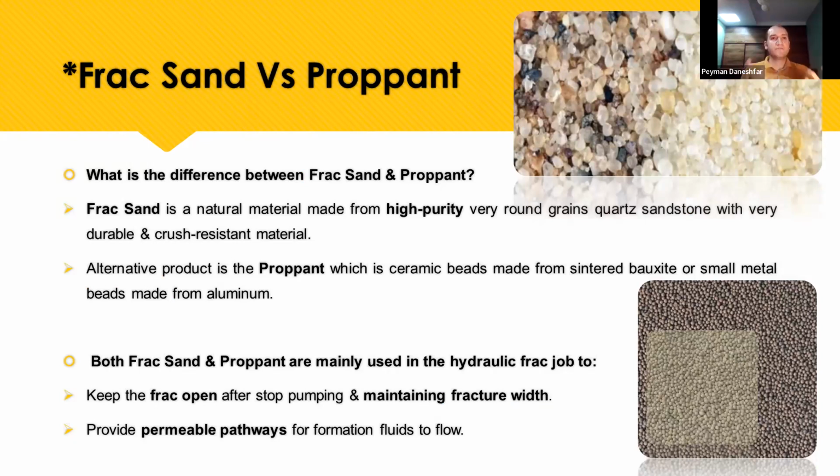Frac sand is a natural sandstone, siltstone, with a high purity, very round grain quartz sandstone, a durable and crush resistant material. An alternative product is a proppant with ceramic beads made from sintered bauxite or small metal beads made from aluminum.